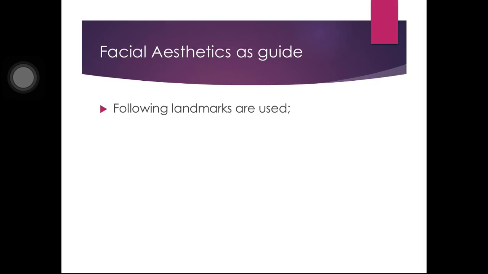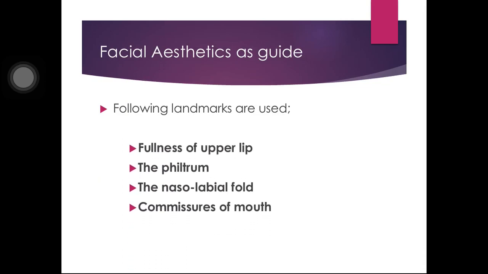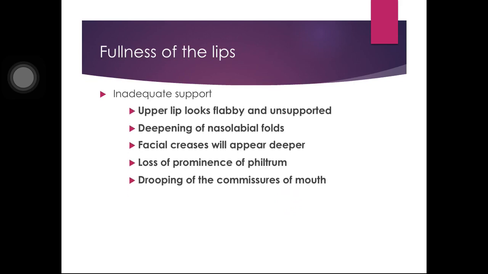During facial aesthetics, the following landmarks are used: fullness of the upper lip, that we just saw in the previous picture, the philtrum, the nasolabial fold, and the commissures of the mouth. Fullness of the lips: if there is inadequate support by the occlusal rim, the upper lip looks flabby and unsupported.